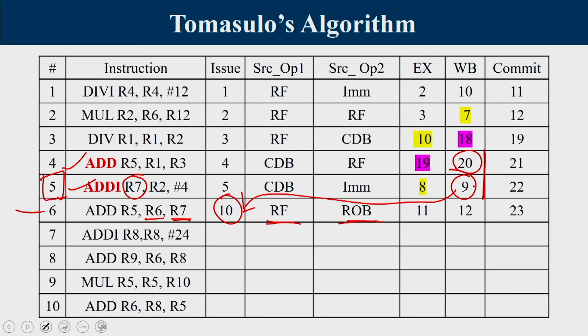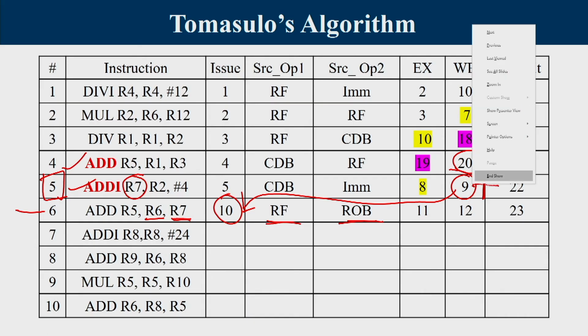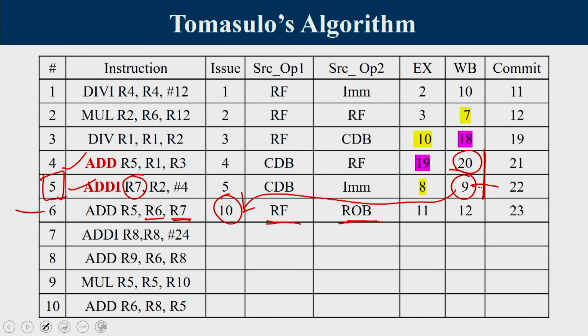So take it from the reorder buffer, because from clock cycle number 9 up to clock cycle number 22, the value to be returned to R7 is available in the reorder buffer. At 22, from the reorder buffer, you are going to write into the register file, because the instruction committed. So only if an instruction is committed, the register file gets updated.